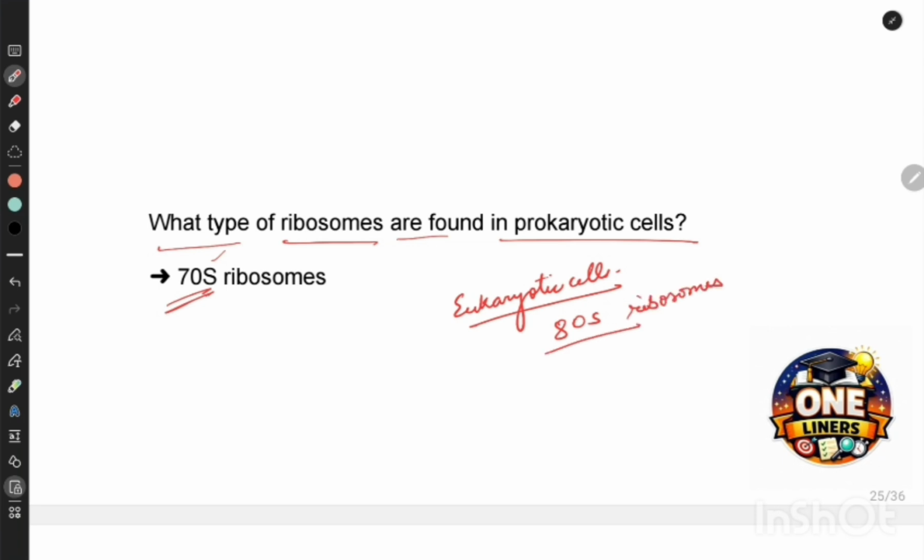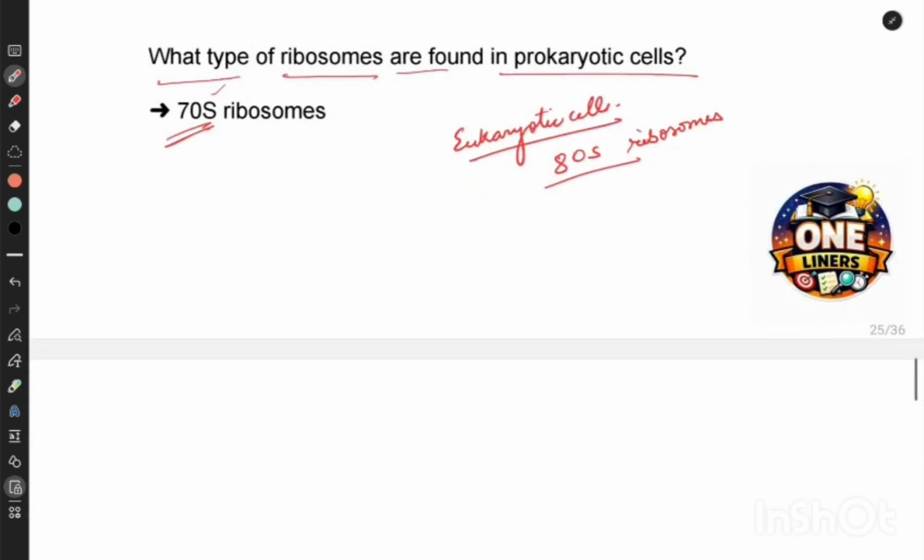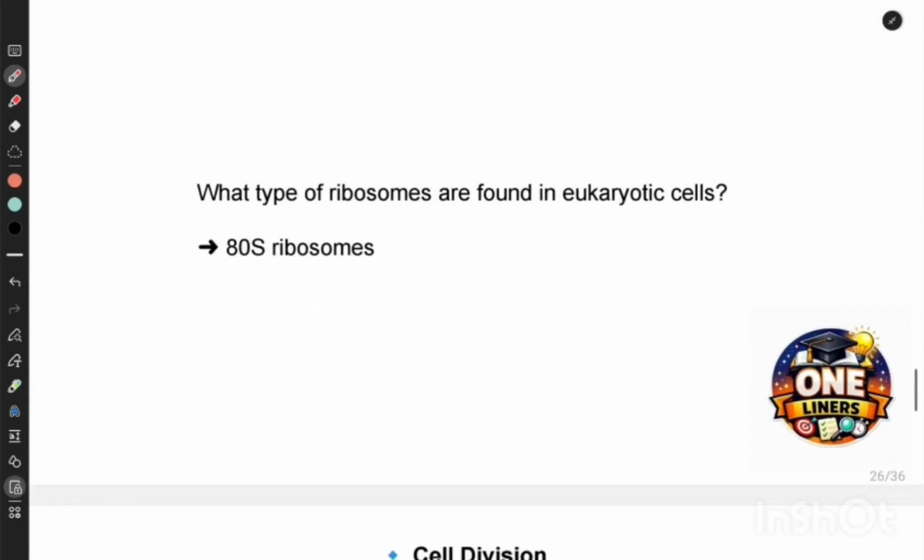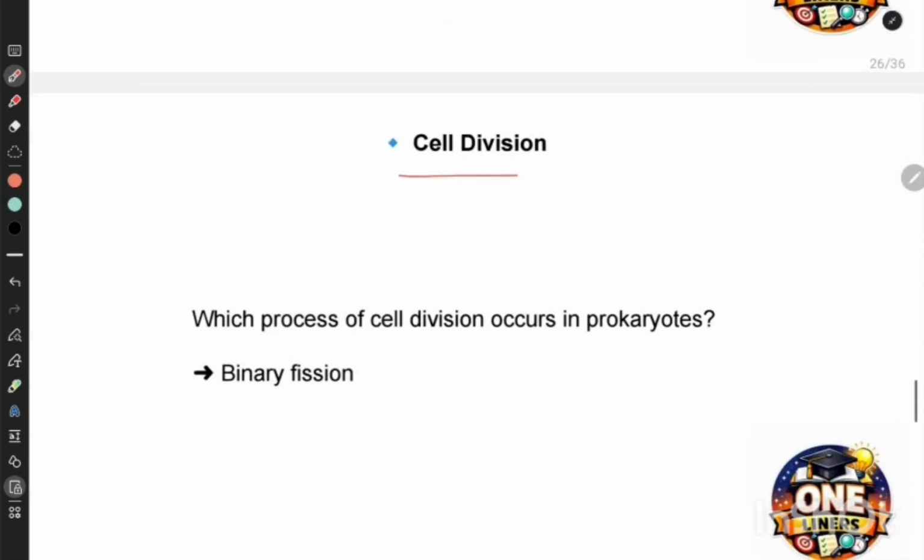Okay, these are the type of ribosomes. So remember it that in prokaryotic cells there are 70S type of ribosomes, and in eukaryotic cell there are 80S ribosomes. What type of ribosomes are found in eukaryotic cells? So 80S.